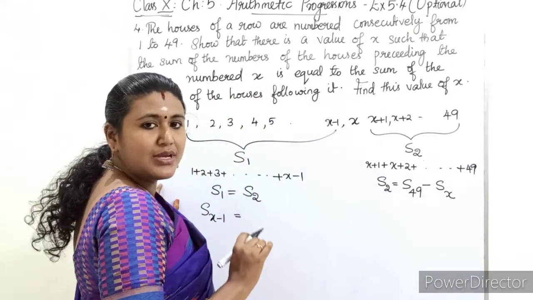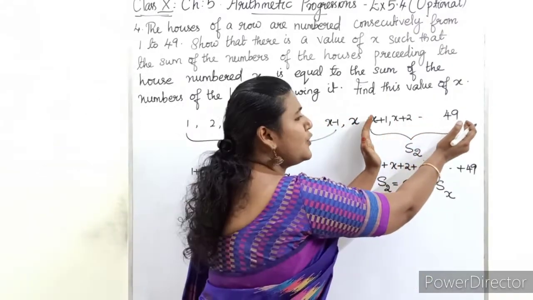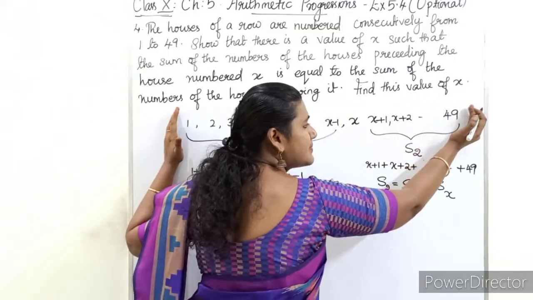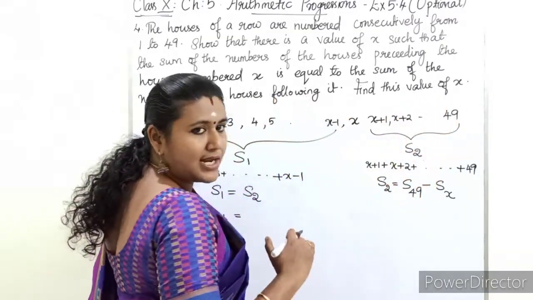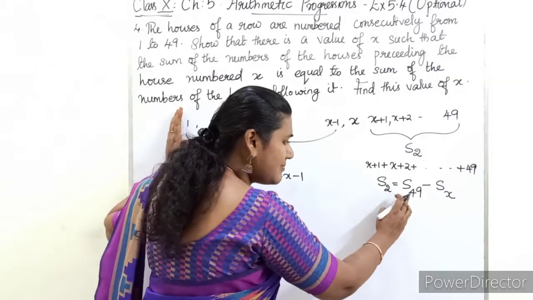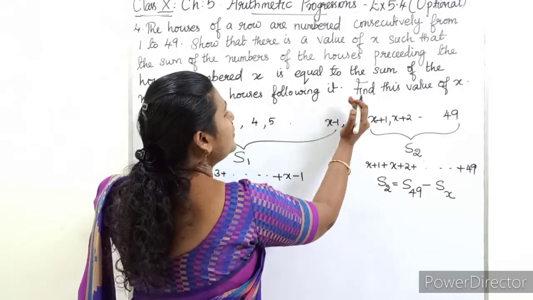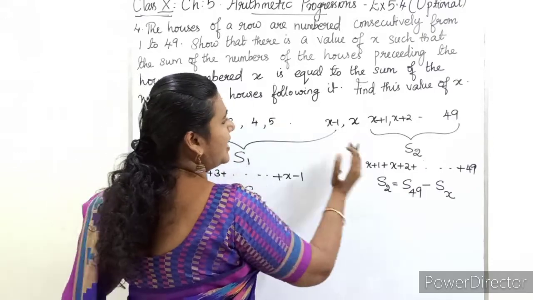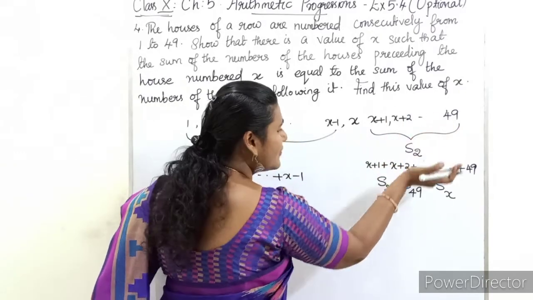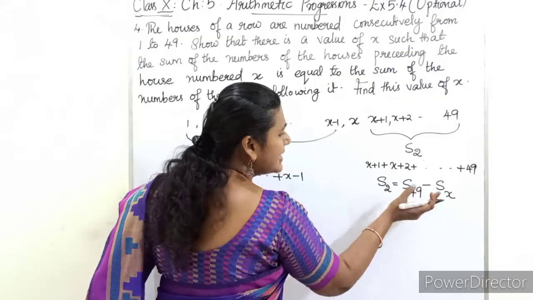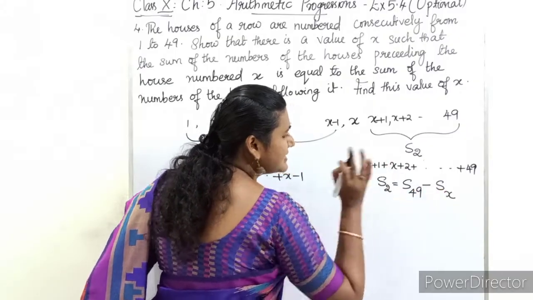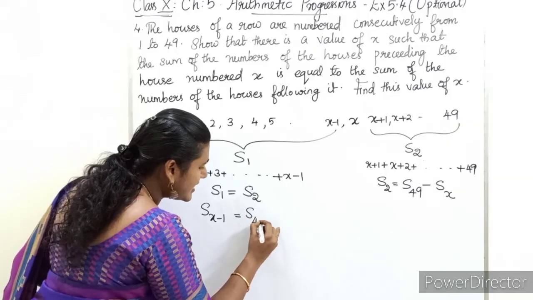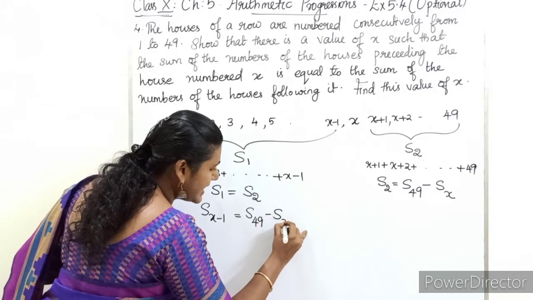If you subtract Sx from the total S49, you will get S2. So we can write S2 as S49 minus Sx.